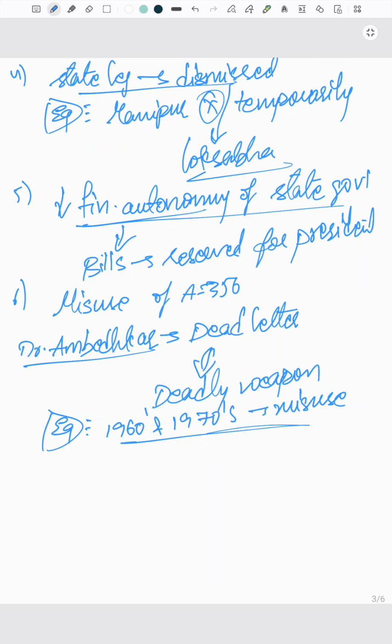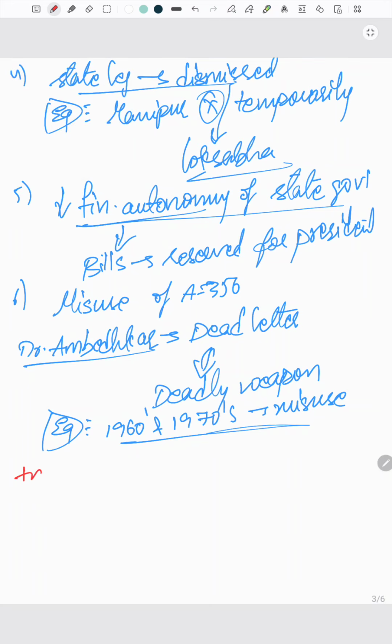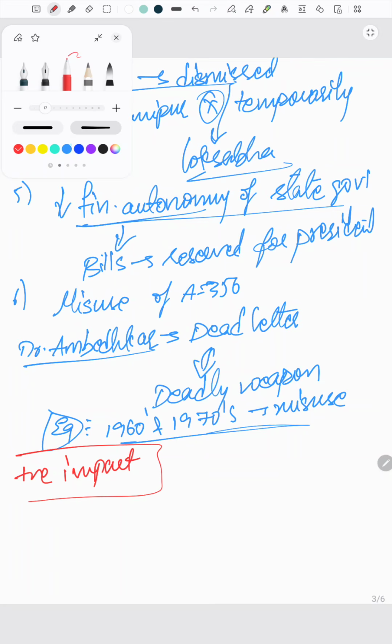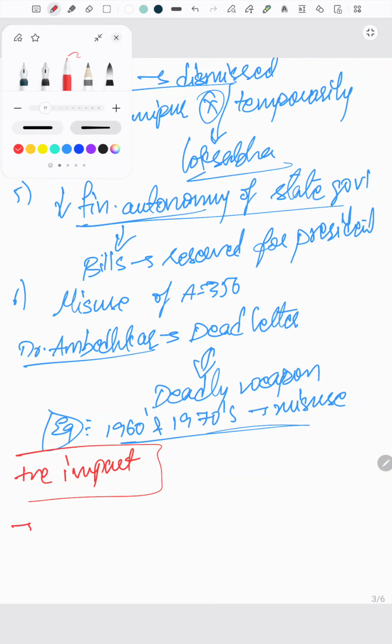As we said, we have written one side, that is the negative impact. What about the positive impact? We'll write it. If you consider the positive impact, in the 1960s we had a national emergency because of war, right? Yes, okay.